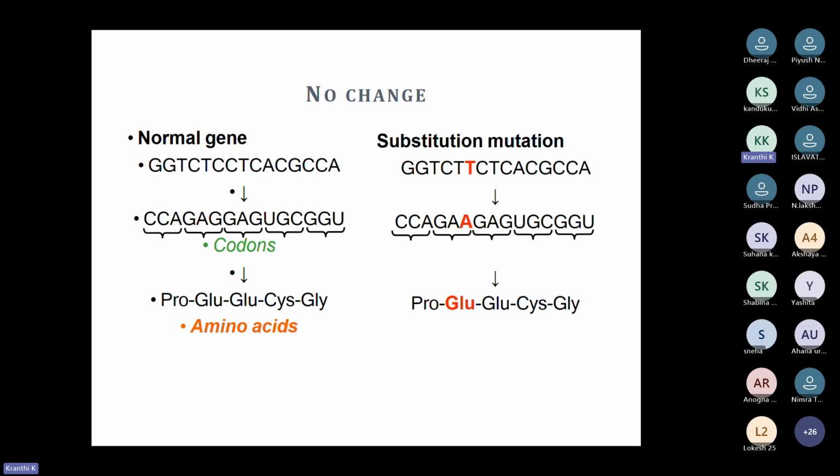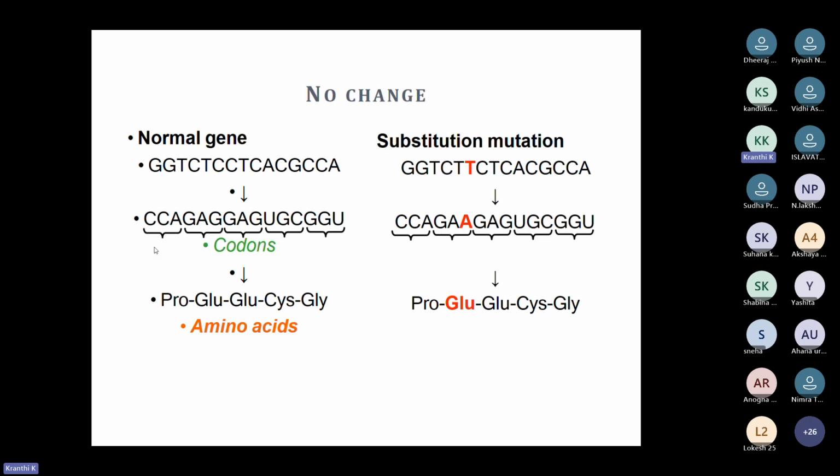Do you have an idea about the 64 codons? Sometimes 3 or 4 triplet codons also code for a single amino acid, right? So here the triplet codon GAA is giving you glutamine, and GAG is also giving glutamine, right?